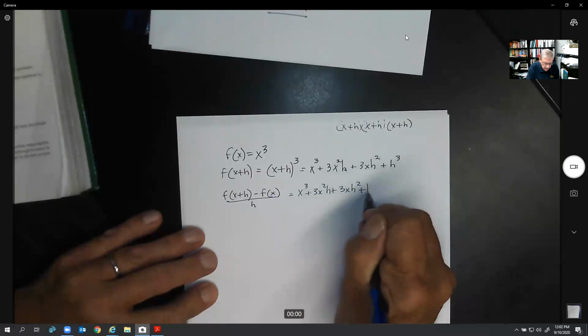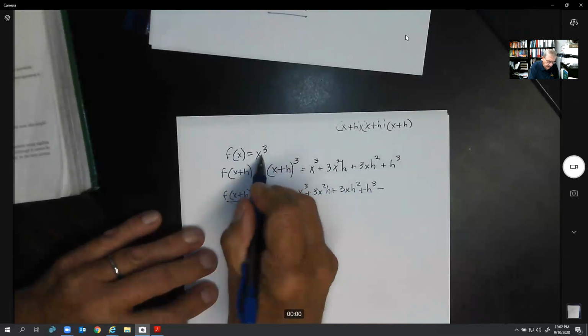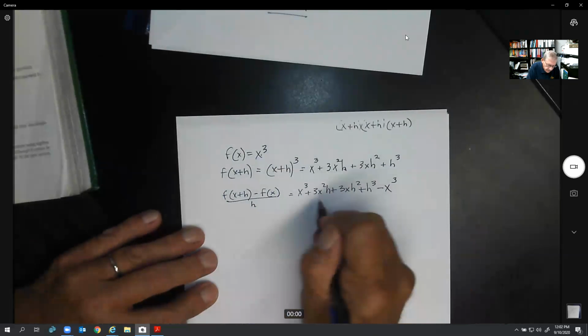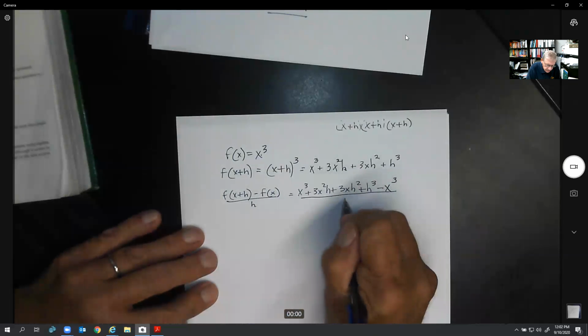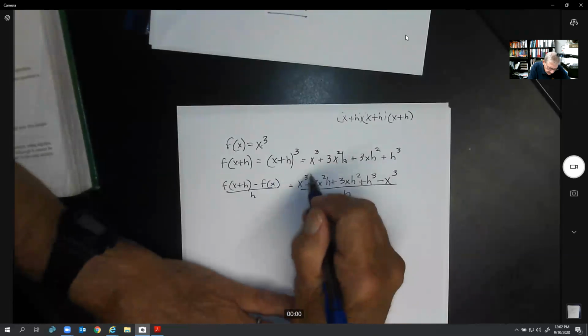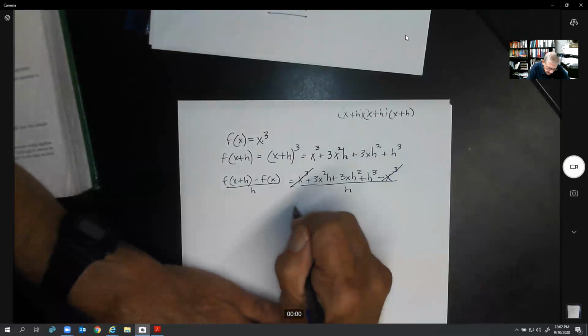Also, if you're doing calculus, get used to writing minus the original problem, f of x. That's what we're subtracting off, all over h. Now, if we did it right, this term and this term should cancel out, and we'll factor out an h.